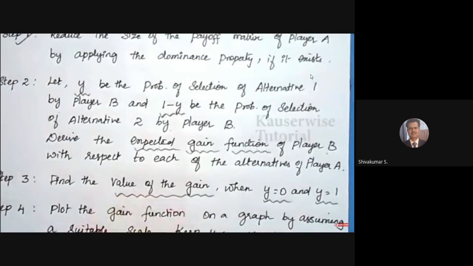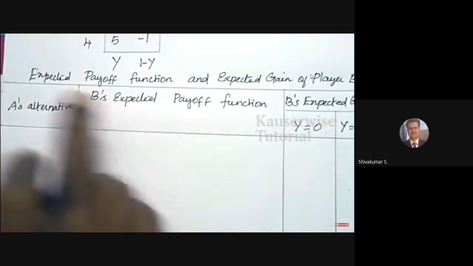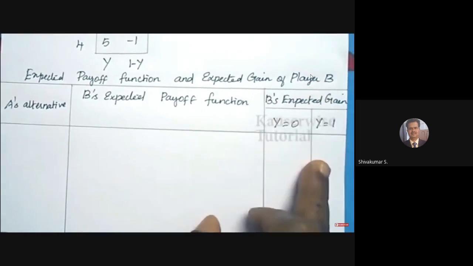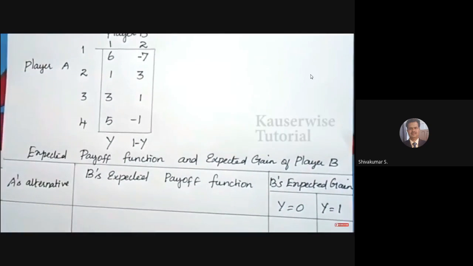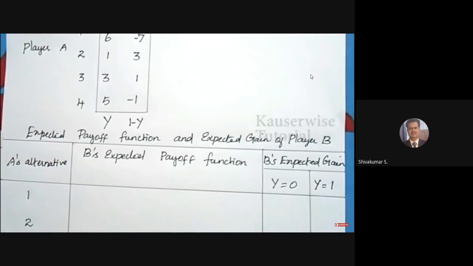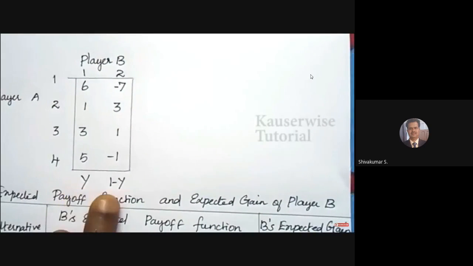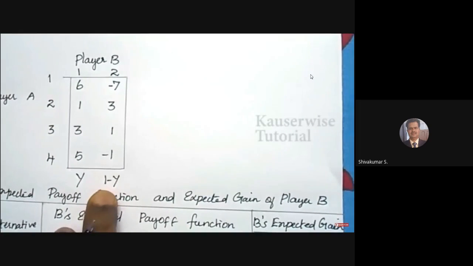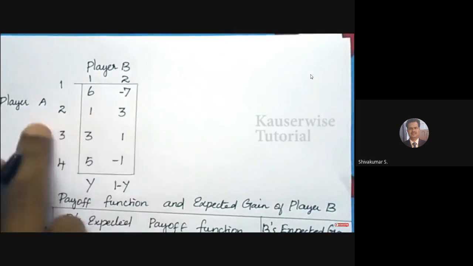Let us see the tabular form to understand this in a better way. Look at this table. You need to find the expected payoff function, and expected gain of player B, with respect to each and every alternative of player A. Here we have 4 alternatives. So A's alternatives are 1, 2, 3, and 4. We assumed that B's first selection probability is Y. For the second alternative, the probability is 1 minus Y. So now just multiply these values with each and every element of each and every row.